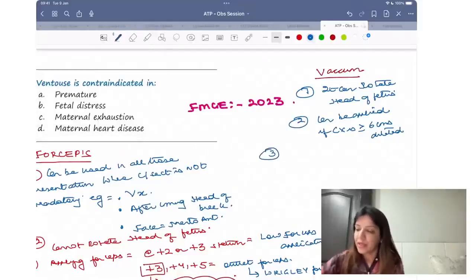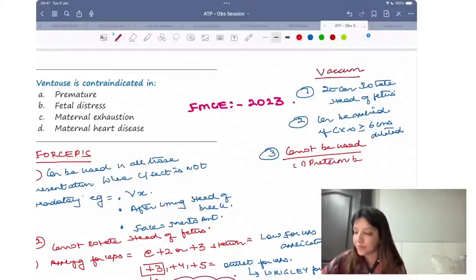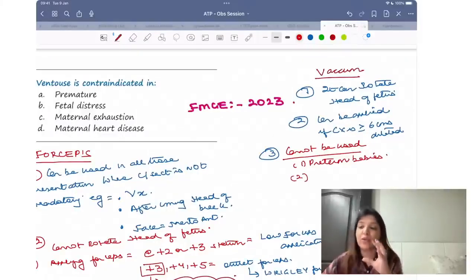Number 3, where can you not use vacuum? Number 1, it cannot be used in preterm babies, because the head of the baby is very soft. If you apply vacuum on the head of a preterm baby, there are increased chances of intracranial hemorrhage.